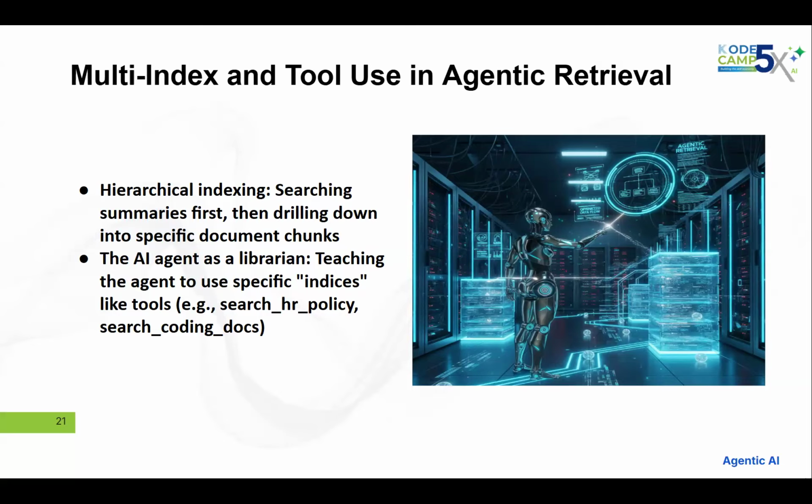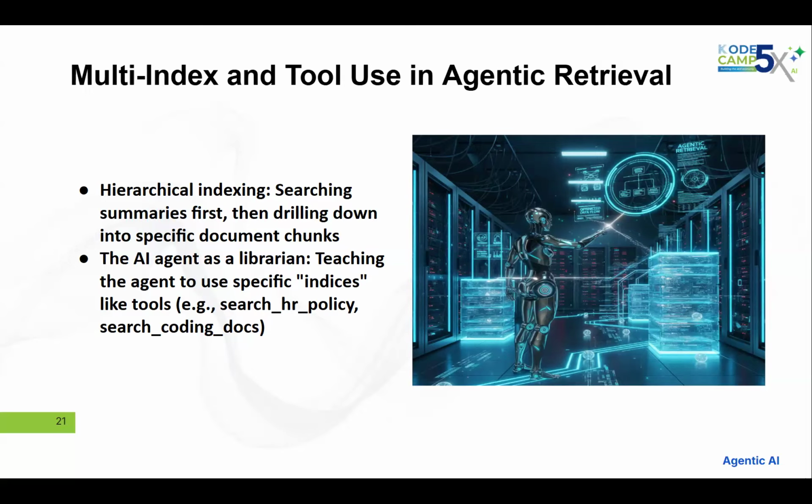Given that the summaries have shorter length than the entire document, it's a faster search, right? So it's able to search through more documents. And then when it identifies the summaries that are relevant to the query, it then drills down to the next index where it now checks specific document chunks that are more relevant. That way, it doesn't have to search large blocks of text. It searches relevant smaller blocks, which make for faster search and retrieval.